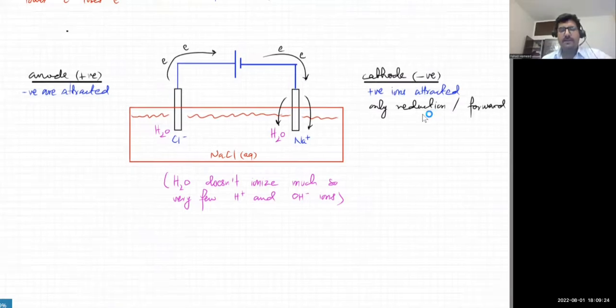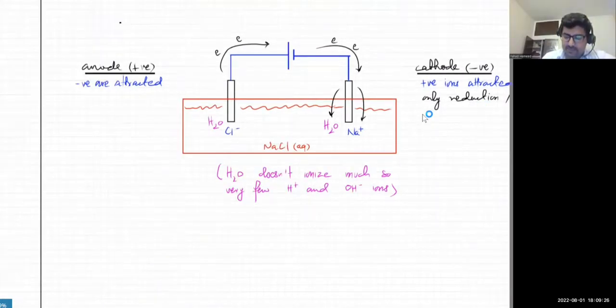So at anode, it's going to be the opposite. The only thing that's possible is loss of electrons. Anyone who reaches anode is going to lose electrons. There is no other option available.